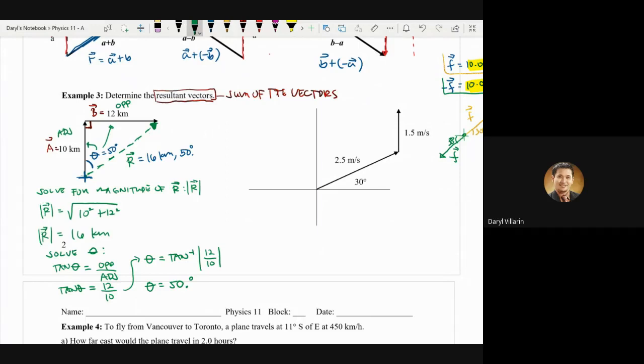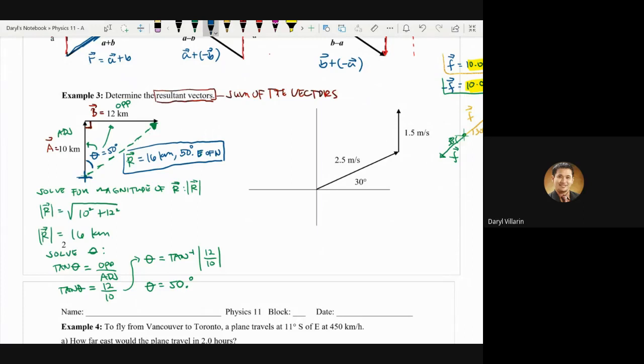That's first quadrant, so that is north and east. But since the reference is north, the direction should be east of north. Okay? So the final answer is 16 kilometers, 50 degrees east of north.